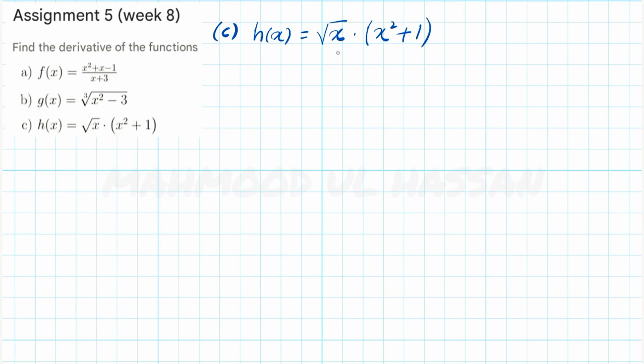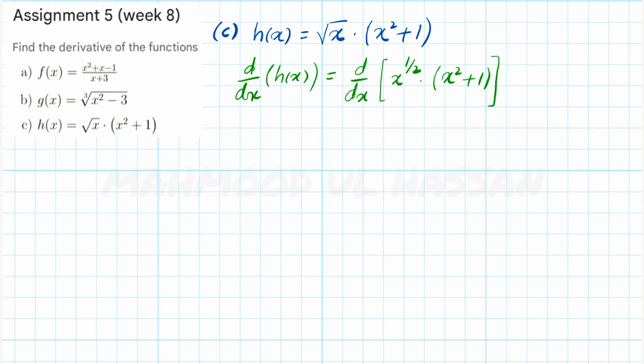So again, we are going to differentiate this function with respect to x. So that is going to be d over dx of h of x equal the derivative of the function, that is square root of x, so that can be written as x to the power 1 by 2 times x squared plus 1.